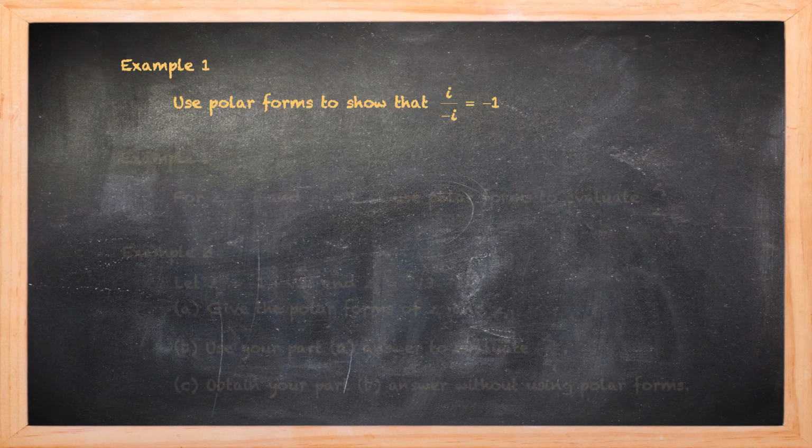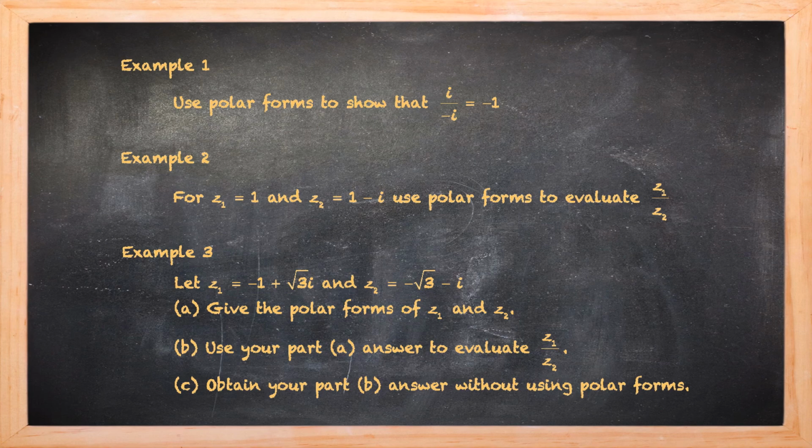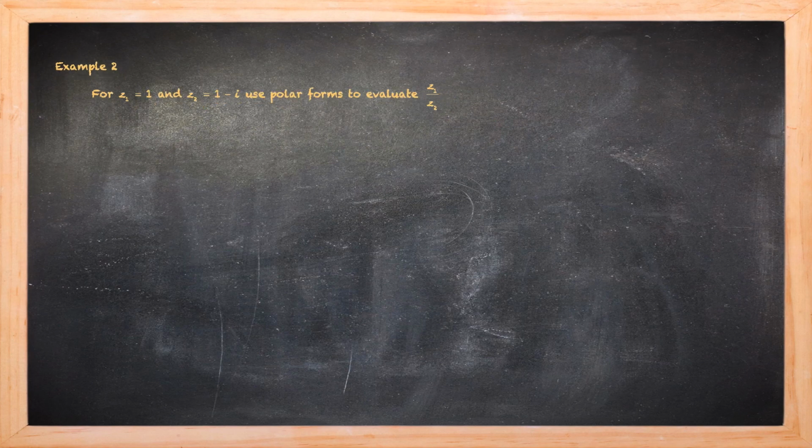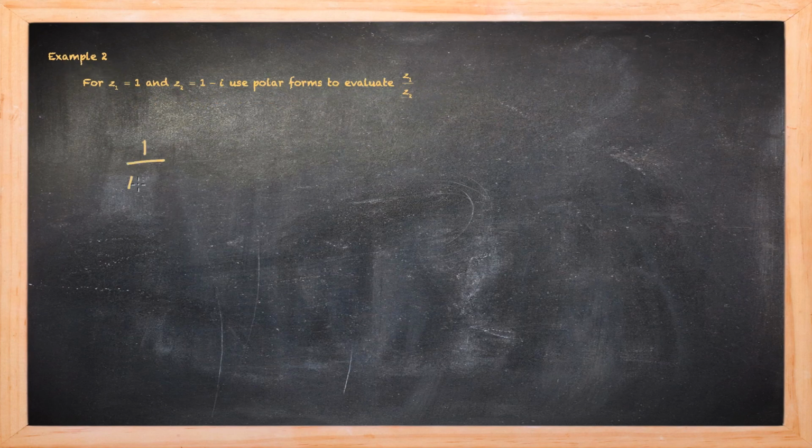And let's now move on to example 2. So in this question we're looking at 1 divided by 1 minus i. And using polar forms again, let's have a look at a diagram of this and find where these numbers are. So there's the number 1. It obviously has a modulus of 1 and a principal value of the argument is 0.